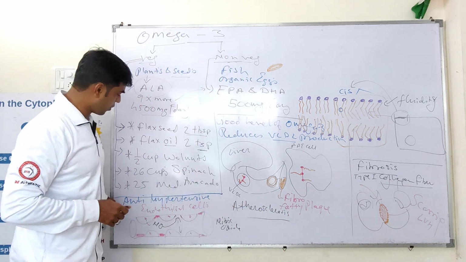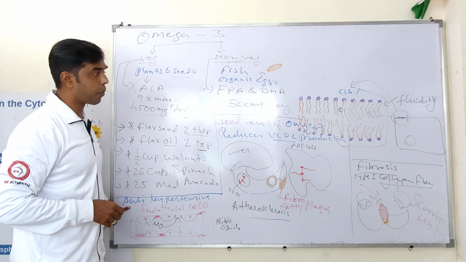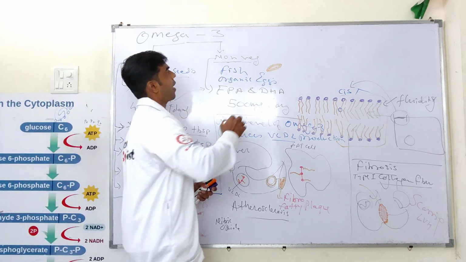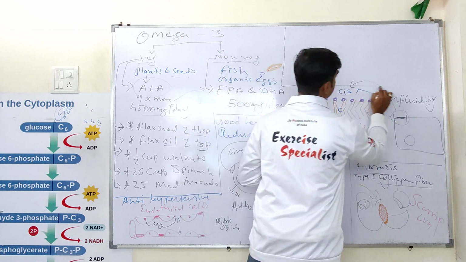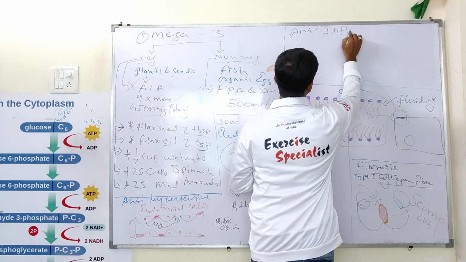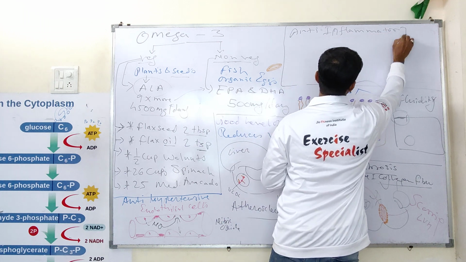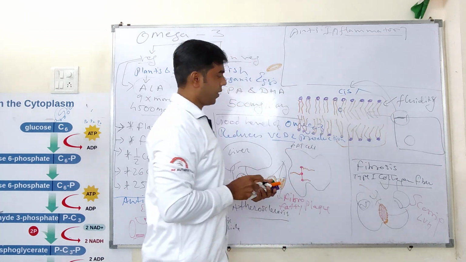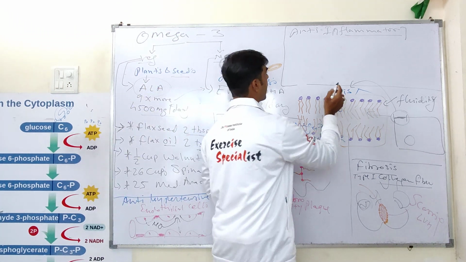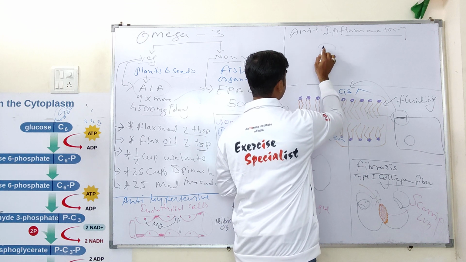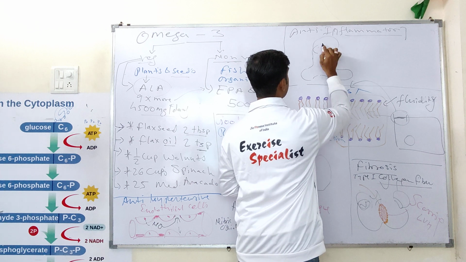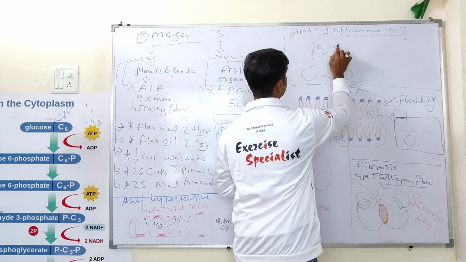One more, anti-inflammatory. We have understood the anti-hypertensive response from omega-3. Let's understand what is anti-inflammatory. Right? What is the anti-inflammatory response from omega-3? If you have any cell, take any cell. Suppose this is your cell. Right? This is your cell.